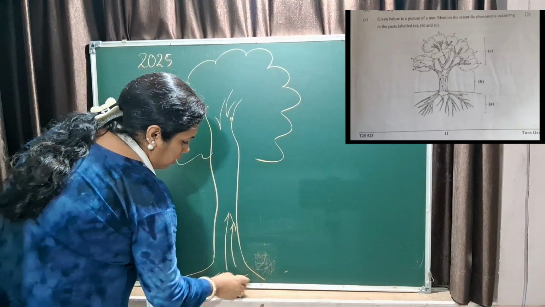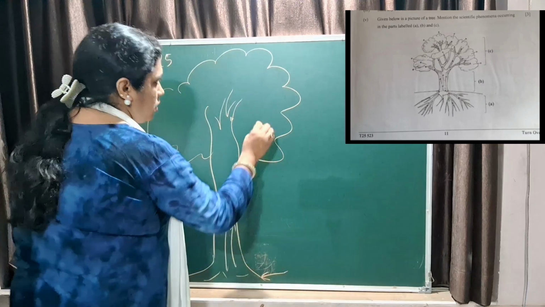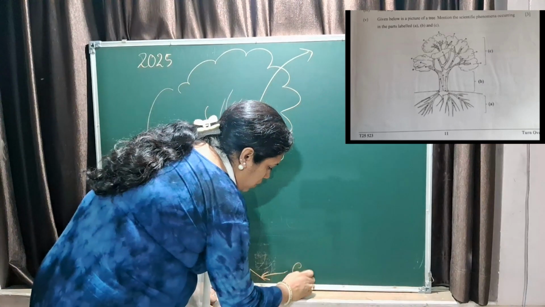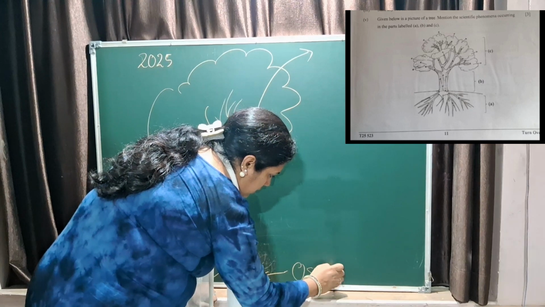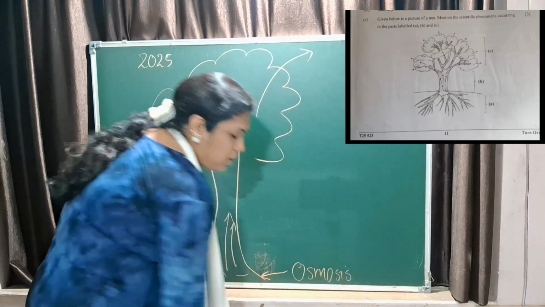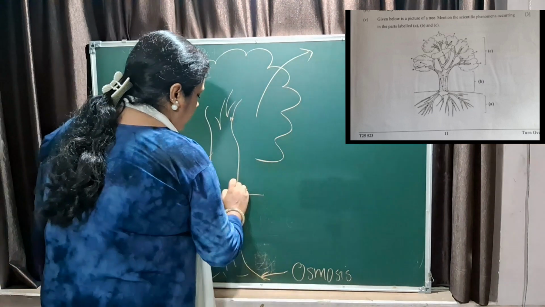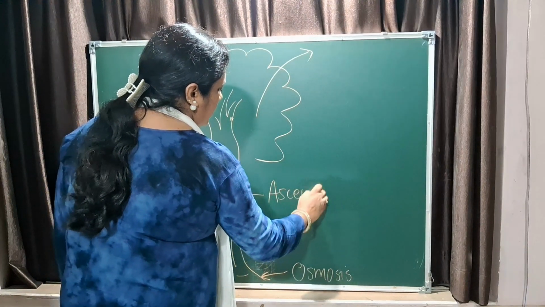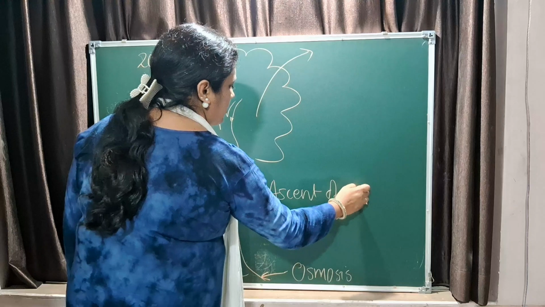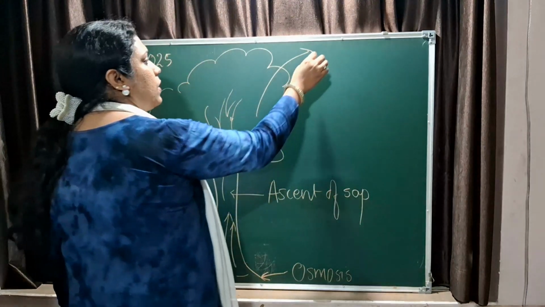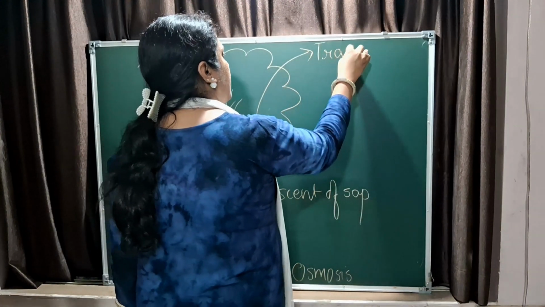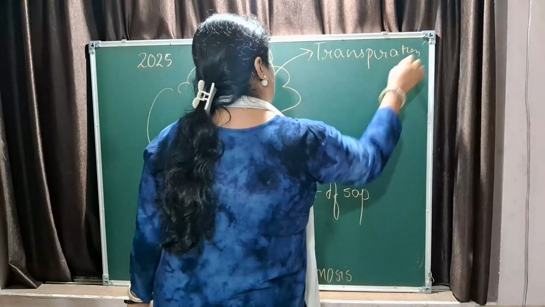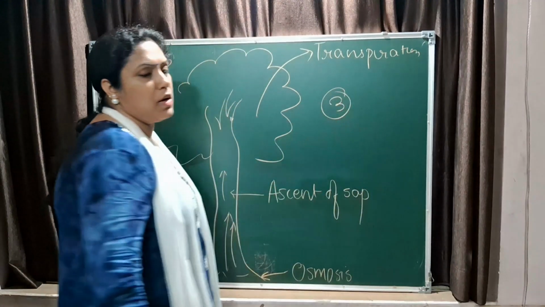So according to the question, the first one was osmosis, that is endosmosis happening in the root. The next one was the ascent of sap, and the last one was transpiration. So just by writing these three words, the children could easily score 3 marks.